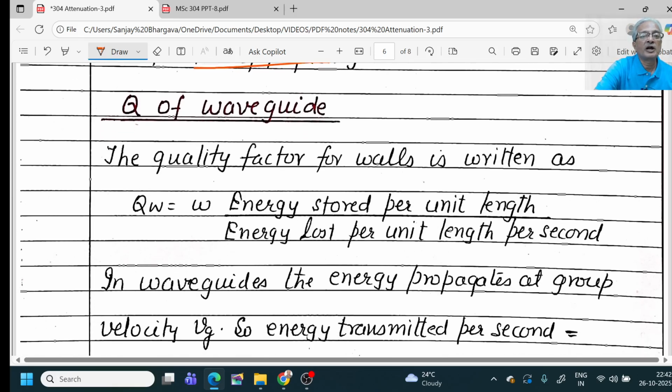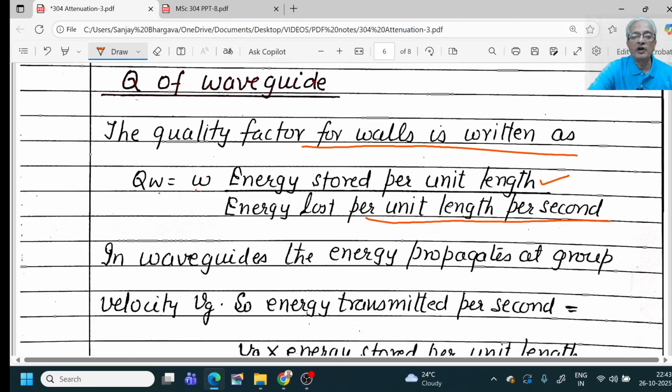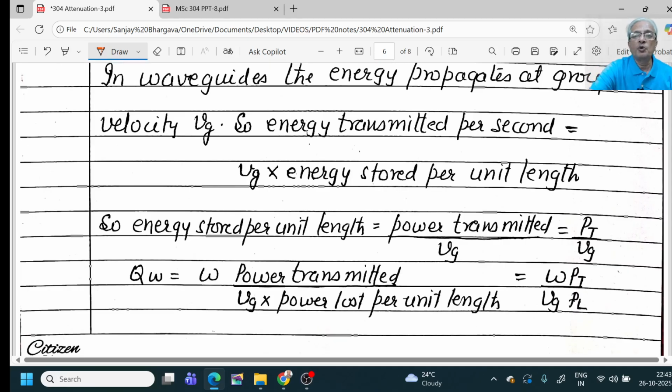Now we would like to pick up quality factor Q of a waveguide. The quality factor for walls is written as QW, which is omega times energy stored per unit length upon energy lost per unit length per second. In waveguides, the energy propagates at a group velocity Vg.